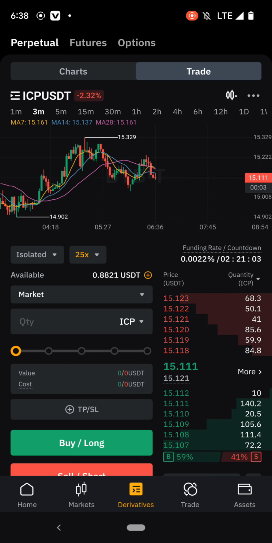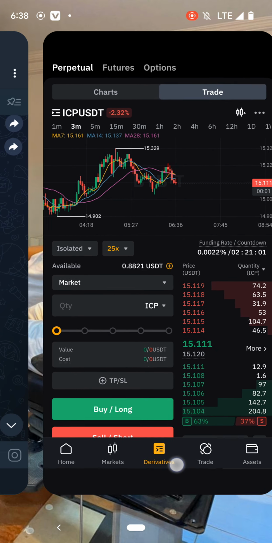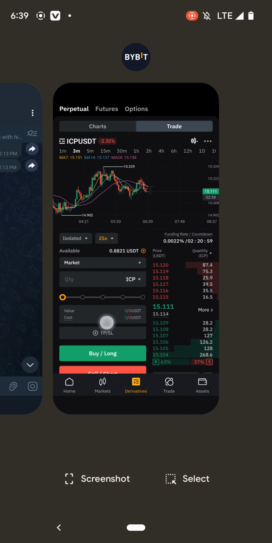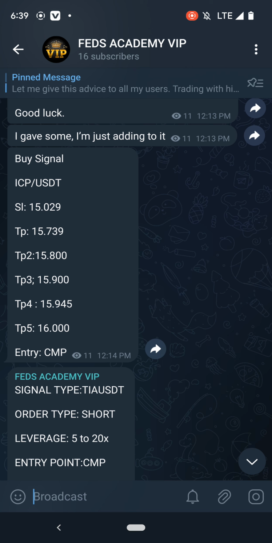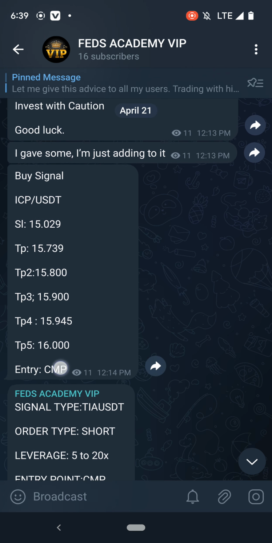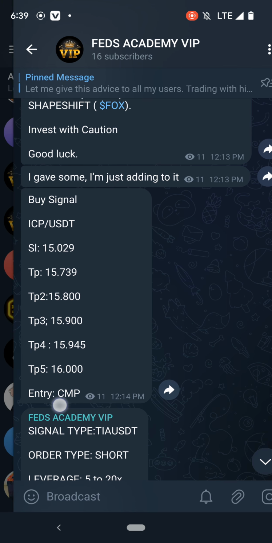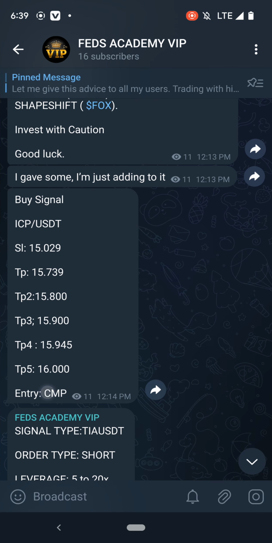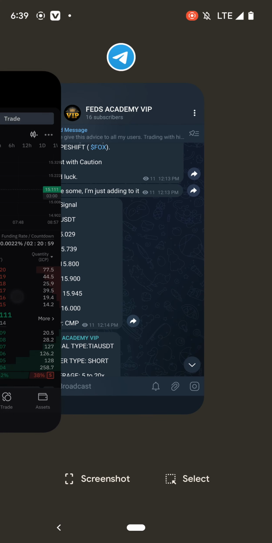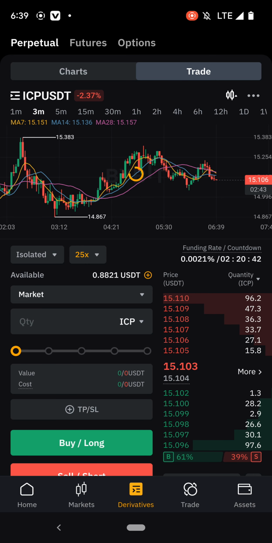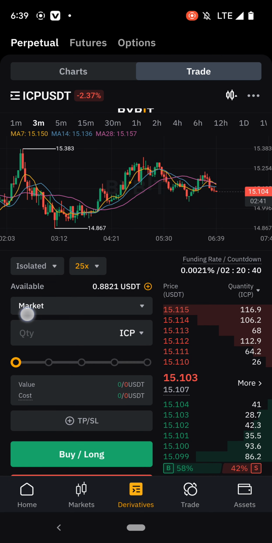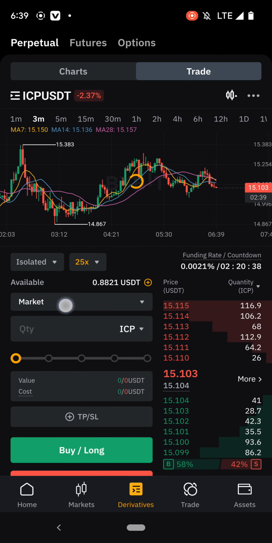And then the next thing is to see if we have an entry price on the signal. As you can see, we have an entry. This is the entry price. They say entry price CMP. CMP here simply means current market price. So guys, we are going to put our entry price, which is here where we have this market.